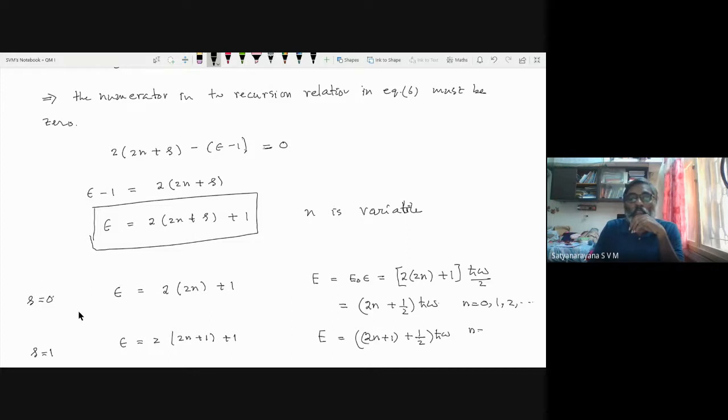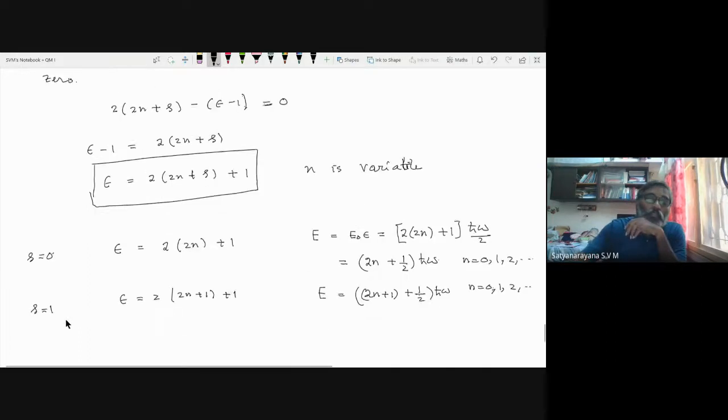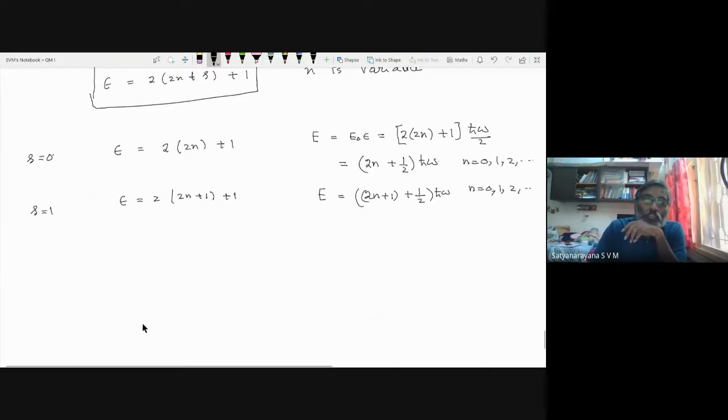So in this case, n is again 0, 1, 2, etc. Now it is easy to combine these two because this is for even and this is for odd, and you can write simply En is equal to n plus half into h cross omega. Because if it is even, it is 2n. If it is odd, it is 2n plus 1. So it is simply basically n.